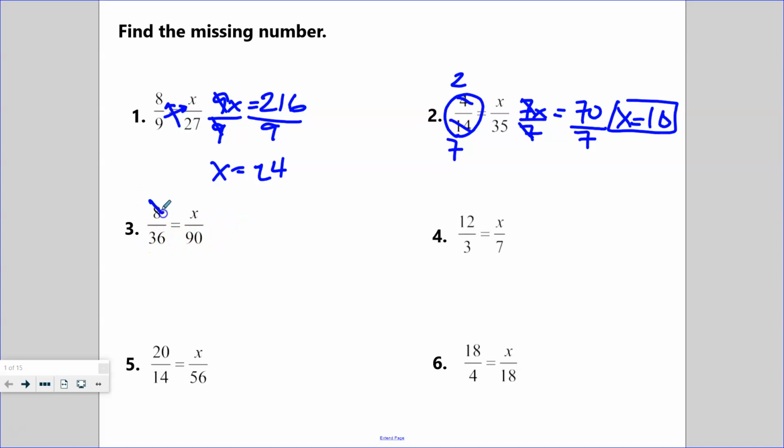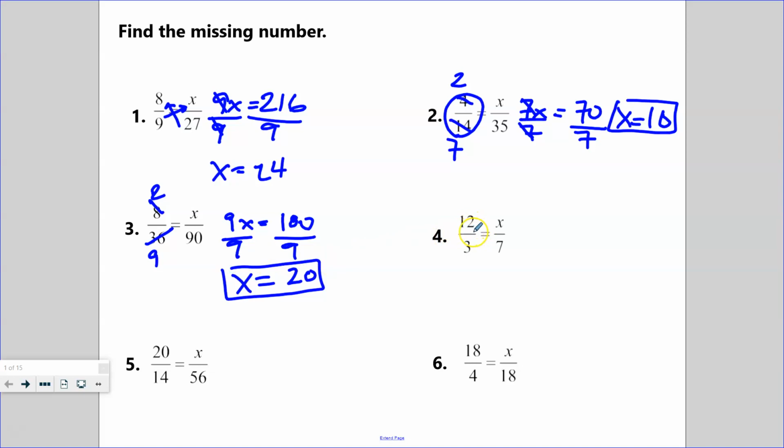Again over here I see that there are two groups here, and that's divided by 4, and 9 groups here, and so we have 9x equals 180, divide by 9, divide by 9, x equals 20.